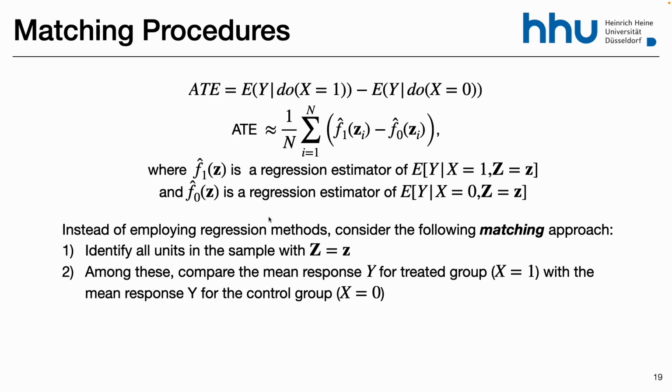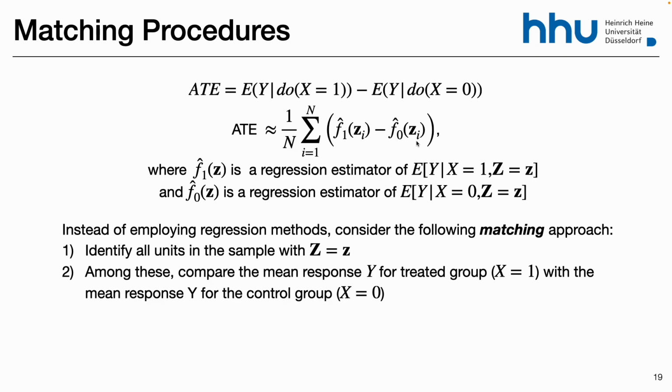But imagine that instead of using regression, I want to find individuals that have this particular Zi, and match all those that received the treatment and those that didn't receive the treatment. I want to observe people with the same configuration of Z and then match them.